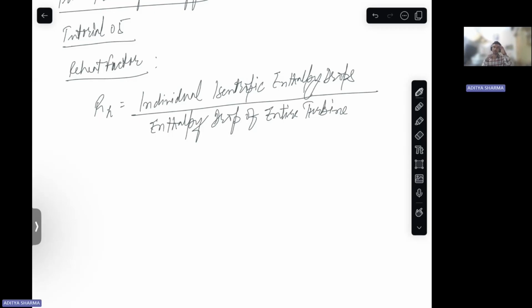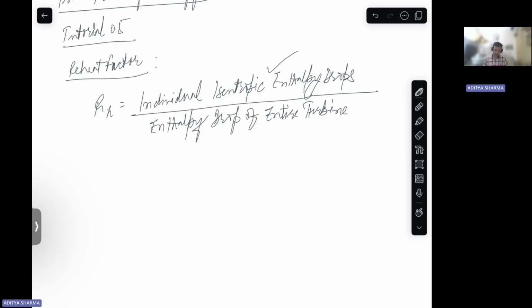If we consider the expansion to be isentropic from 1 to 2 in a single step, versus from pressure 1 to pressure 2 moving in two different steps, how do these two scenarios fare?